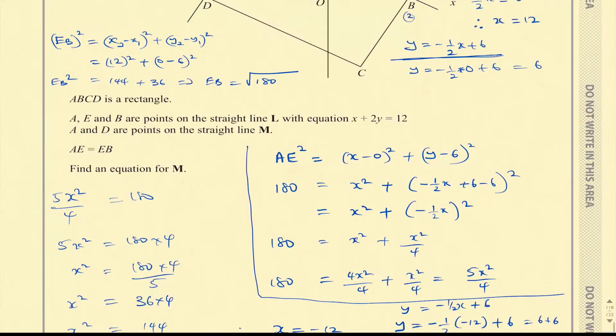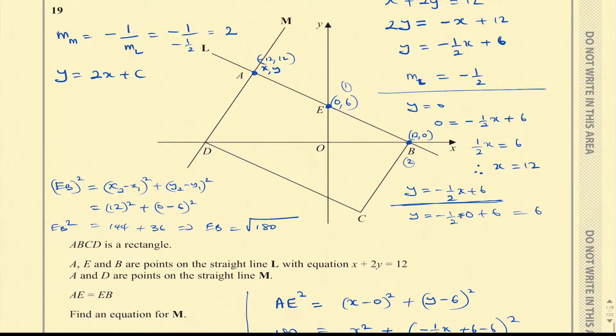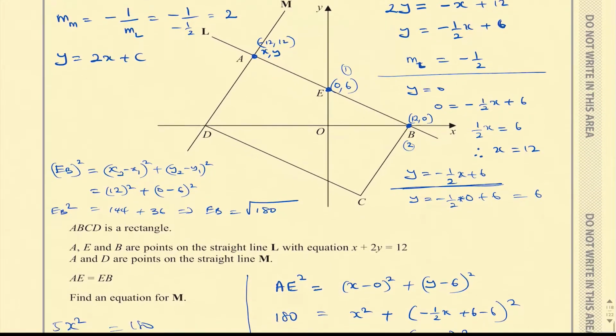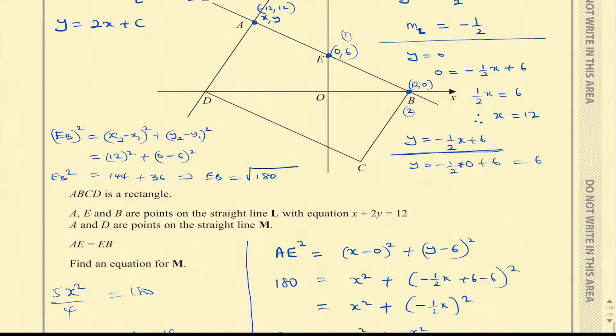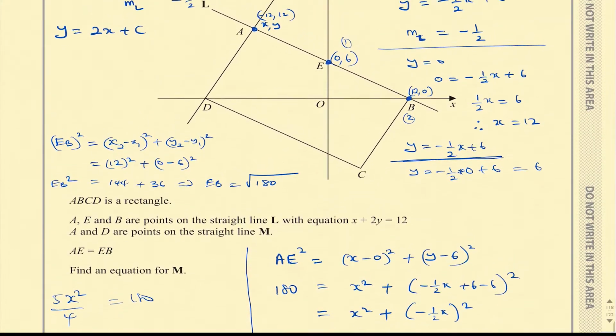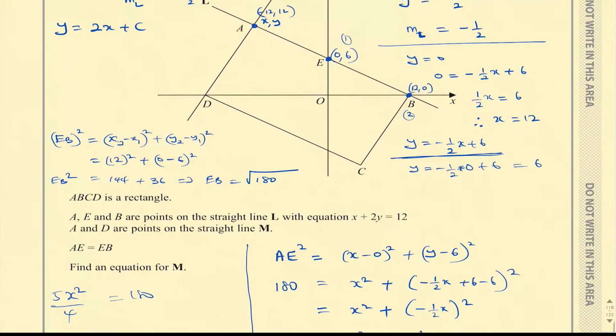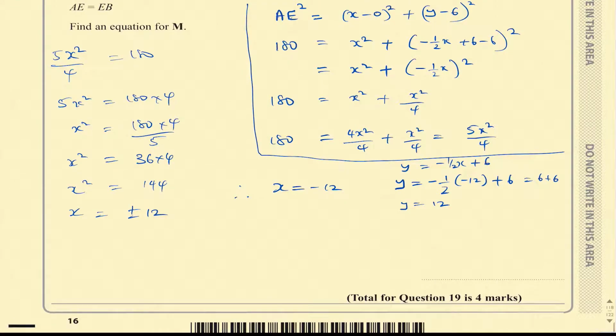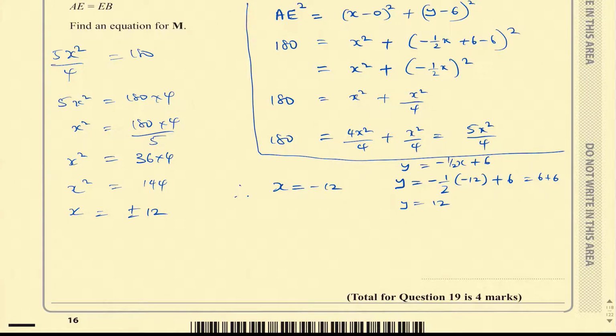Now we need to find the equation of m. We can find c now because we know that for m, y equals 2x plus c. And at this point, x is minus 12, y is 12.